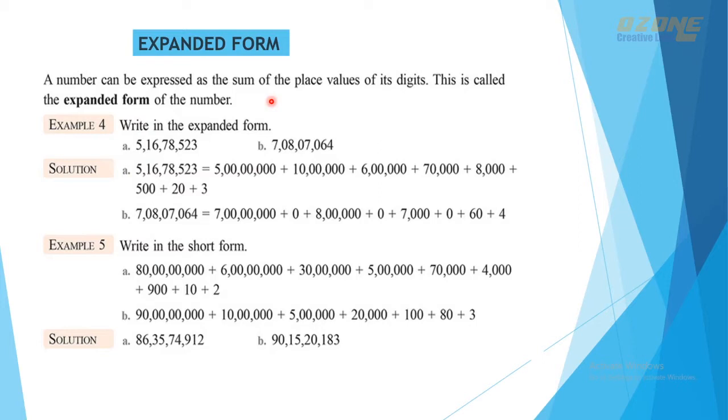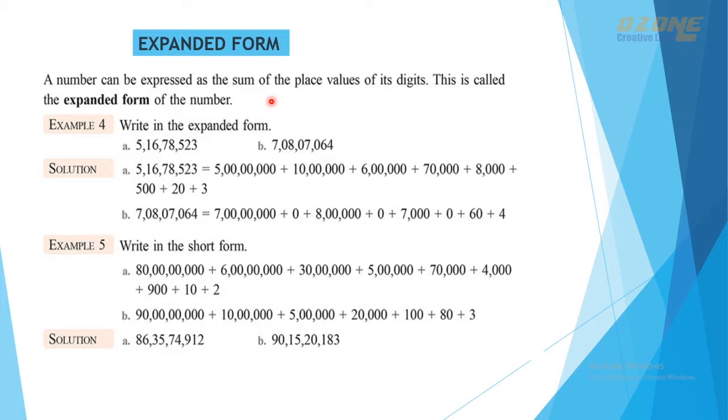If some numbers are given, here one example is given, that is 5 crore 16 lakh 78,523. While writing the expanded form, we need to know the place value of each digit.